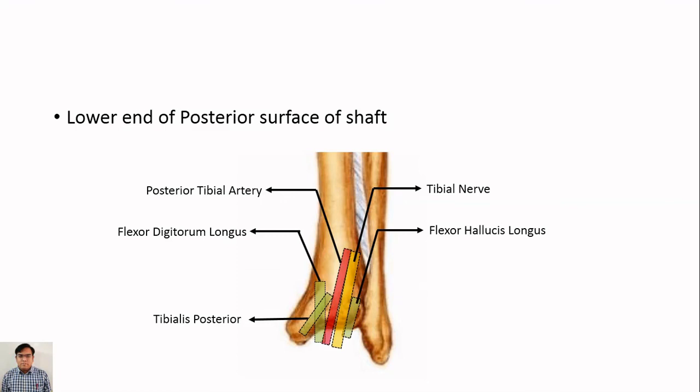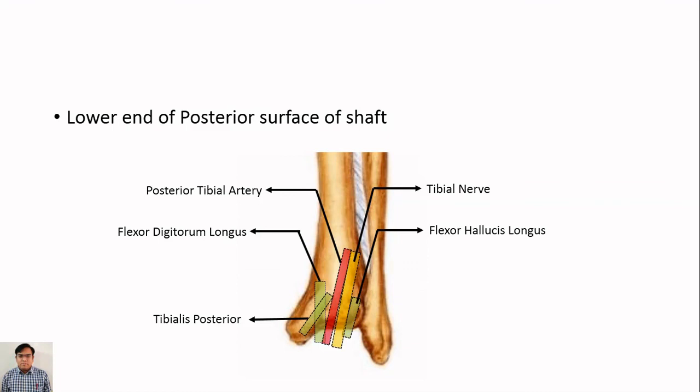So the posterior surface of tibia from medial to lateral side is related with the tendons of tibialis posterior, flexor digitorum longus, posterior tibial artery, tibial nerve, and flexor hallucis longus.